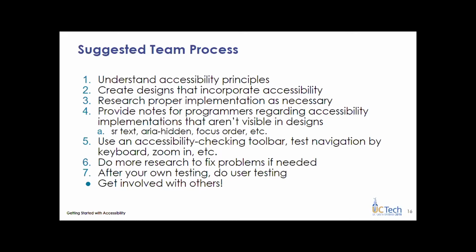That's important so that you don't have to try to retrofit later. Both as a designer or as a developer, you can research the proper implementation. So if you're working on a page and you haven't worked with that component before, look at what accessibility stuff you'll need to do.